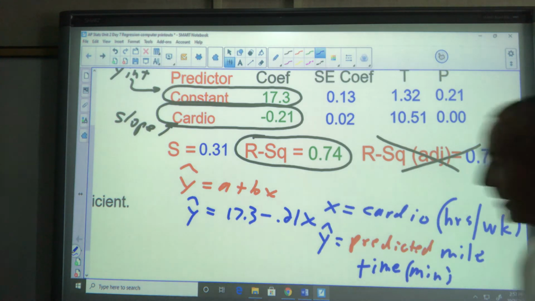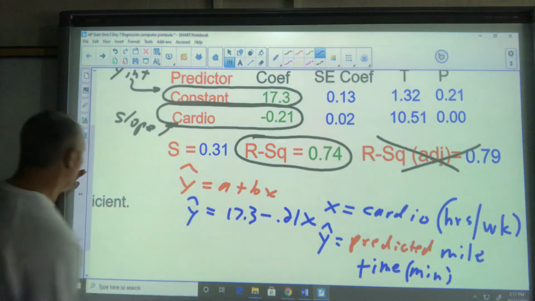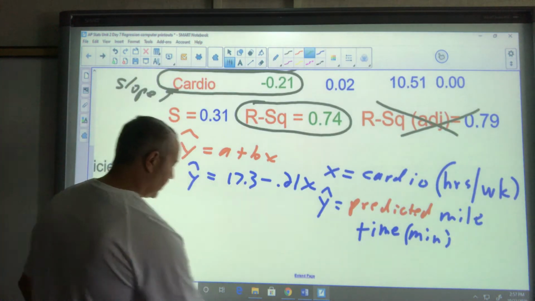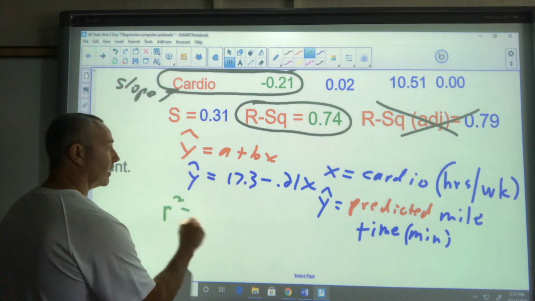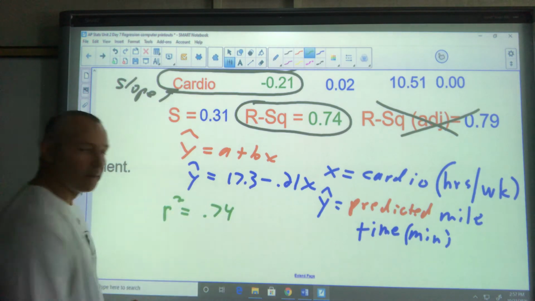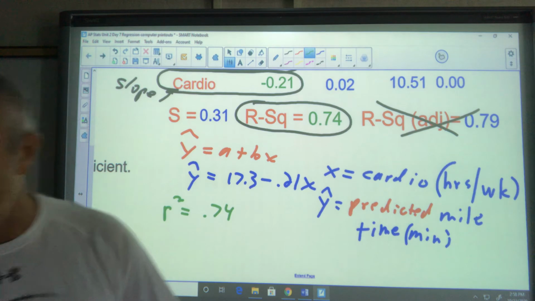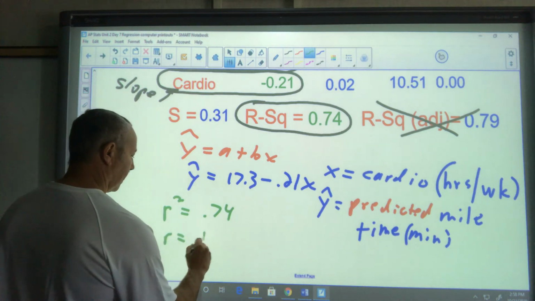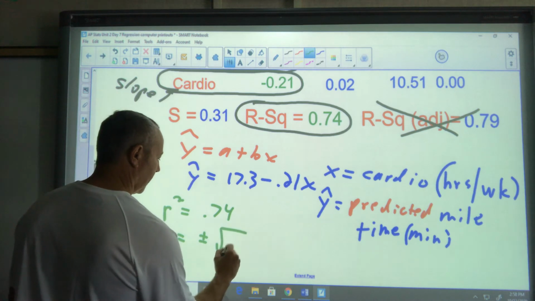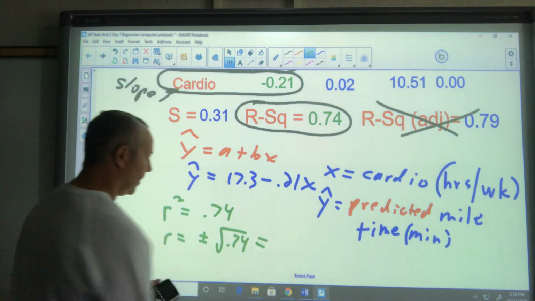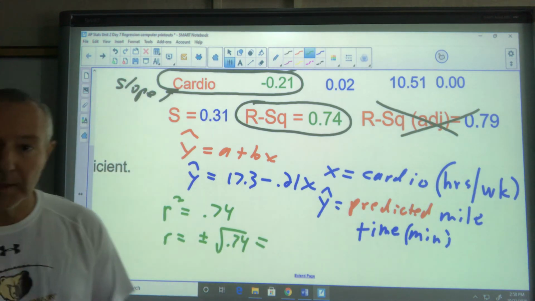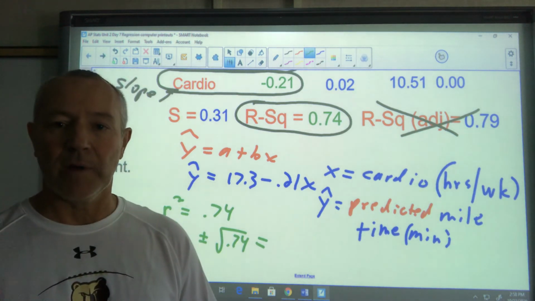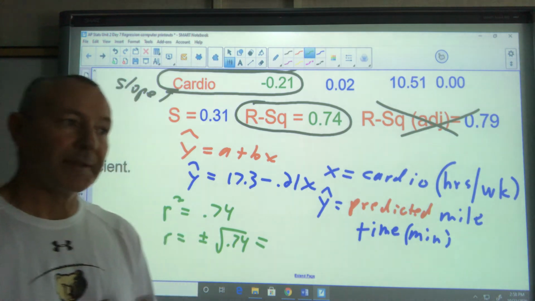Our correlation coefficient, we're looking for r. We know that r squared is 0.74, so we square root that to get r. It's plus or minus again, because r squared is always going to be positive, and we determine whether r is positive or negative by whether the slope is negative or positive.